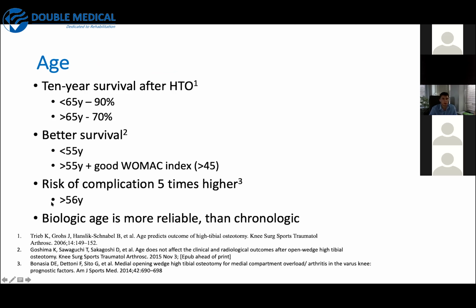So it's 90% before 65 and just 70% after 65 years. The better survival is in patients before 55, and in patients after 55 with good functional index, the survival is also very good. The risk of complications, according to other authors, is 5 times higher after 56. But what is more important, we need to look at the biologic age, not only chronologic.